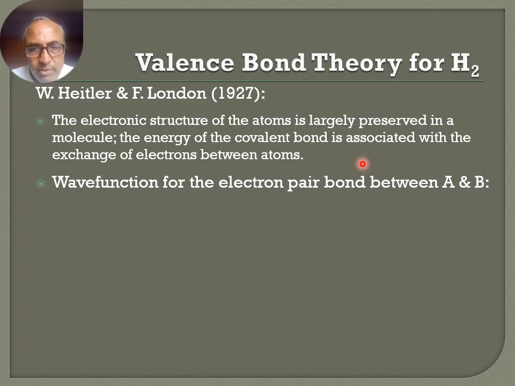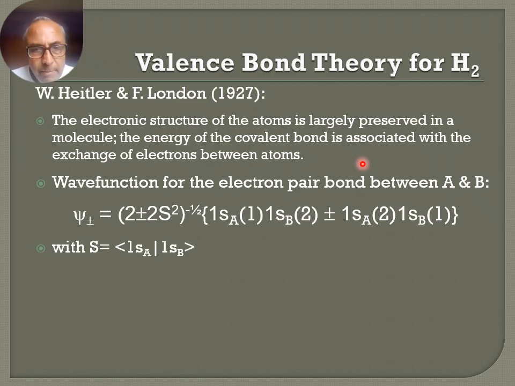So the wave function for the electron pair bond between atom A and atom B, psi plus or minus for the symmetric and antisymmetric wave functions, is given by the normalization constant times 1sA(1) 1sB(2) plus or minus 1sA(2) 1sB(1), with S being the overlap integral between the atomic orbital wave functions.